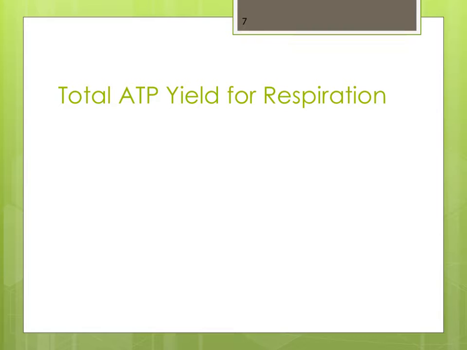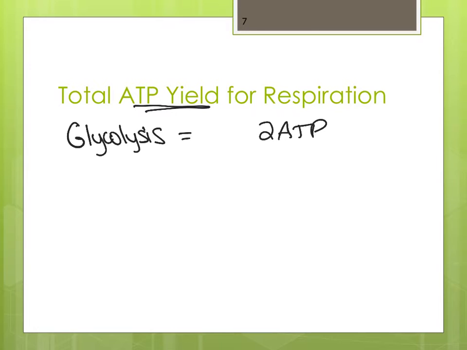So the total yield for respiration, what do we end up making? Well, how about we do it by steps? Glycolysis: we made 4, 2 we get to keep. For Krebs, we get to keep 2 ATP.